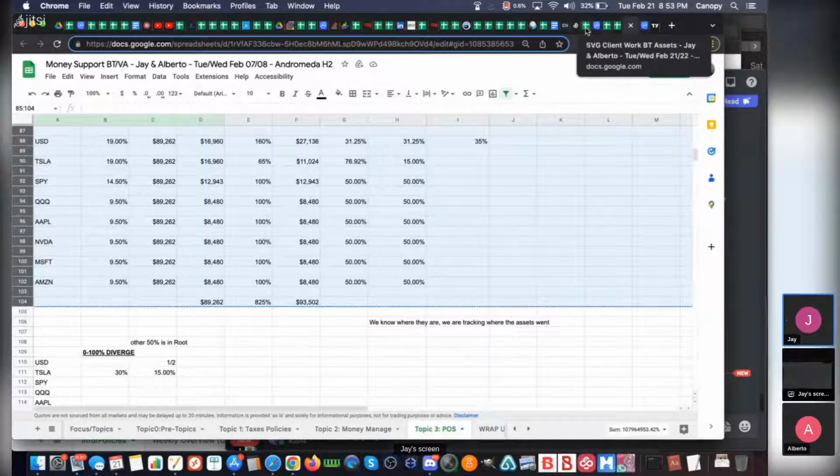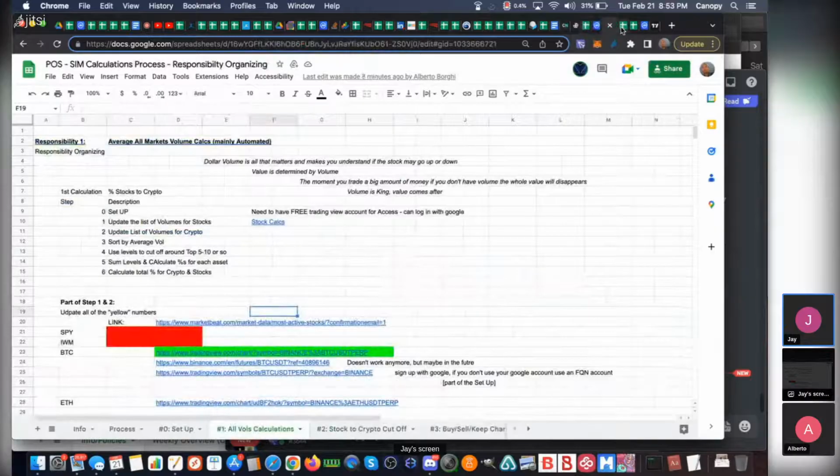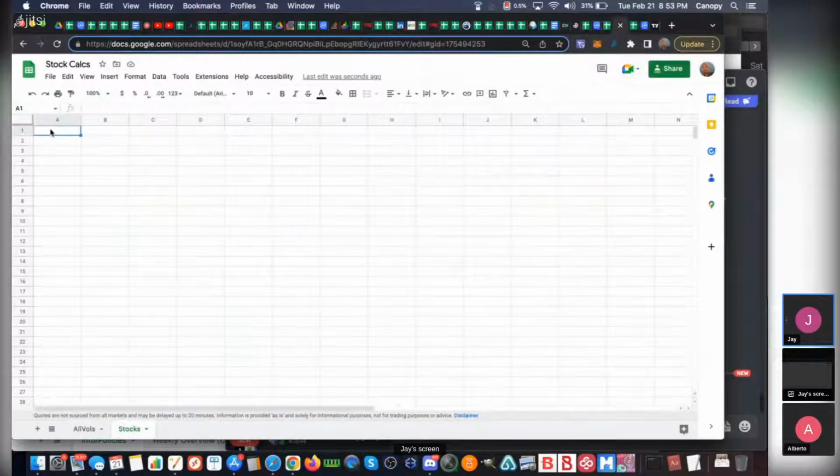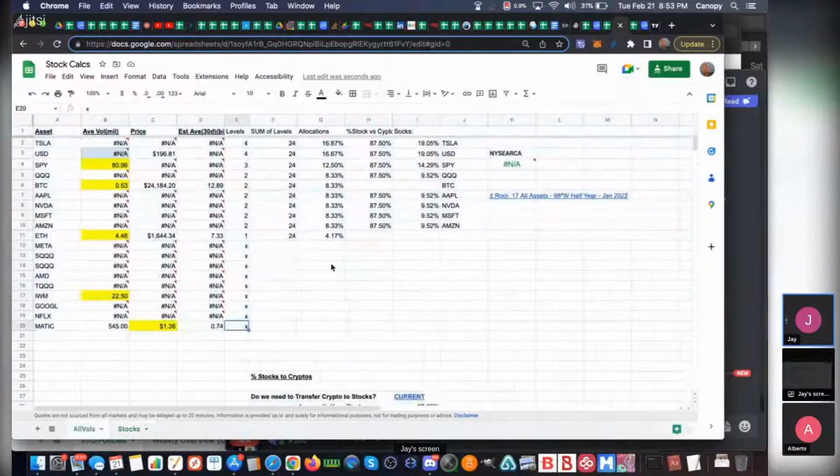Cool. I really like the model that we're doing where we do the percentage first, and then we come back and do the actual overall percentages. So we need to finish this calculation, which is the sum of all the levels, the percentage allocations, and make sure this all adds up correctly.